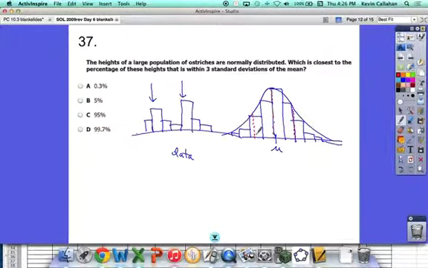So this is +1 sigma. This is -1 sigma. And I could go farther. If I go about the exact same distance to the right of that, that would be +2. And this would be +3. This would be -2. And this would be -3.